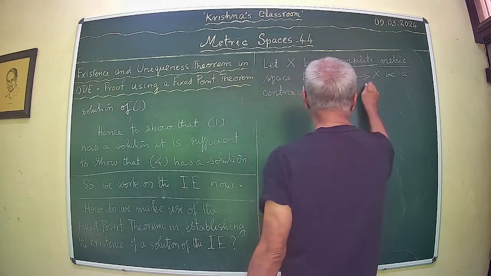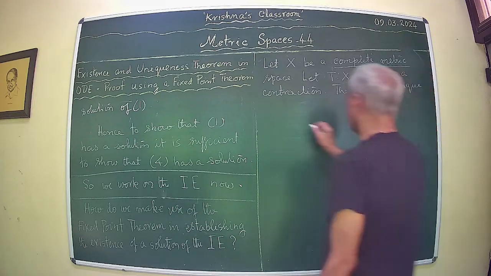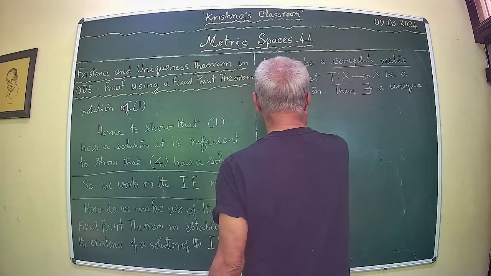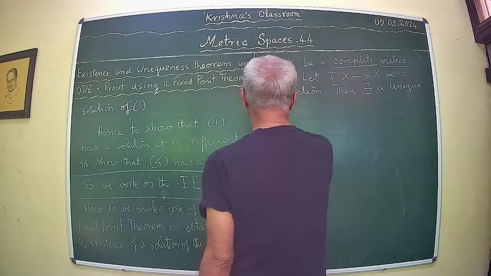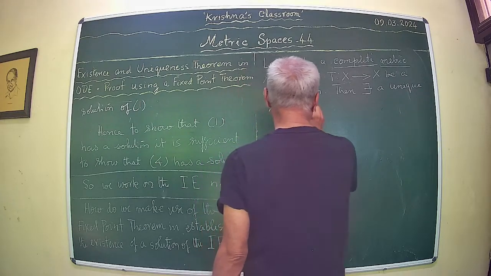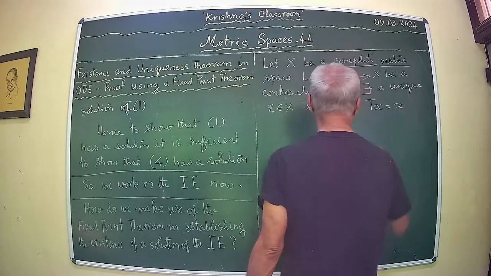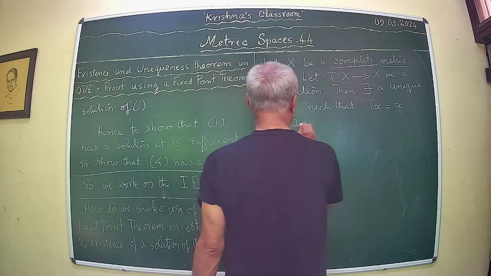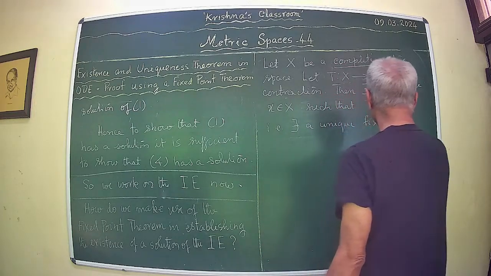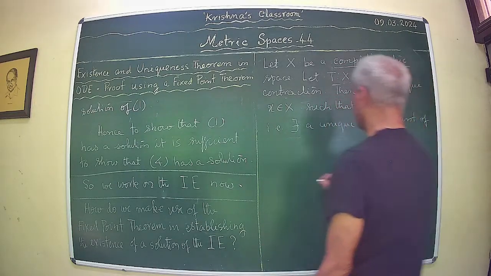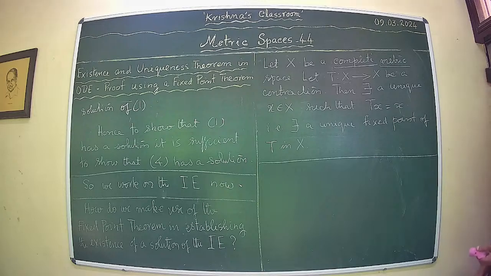Then there exists a unique x belonging to X such that T x equals x, that is, there exists a unique fixed point of T in X. So that is the theorem that we are going to make use of.